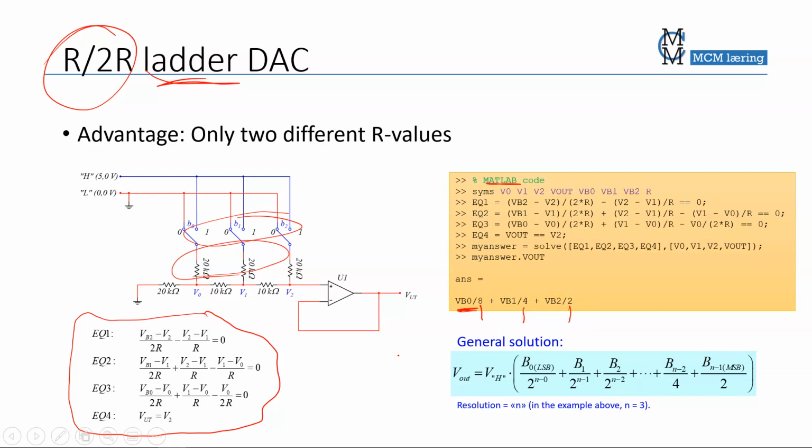This means that if I have a binary value, for example 101, and this is my so-called LSB, my least significant bit, and this is my most significant bit, then a change here will make a great impact, while a change here will make a smaller impact on the output voltage.